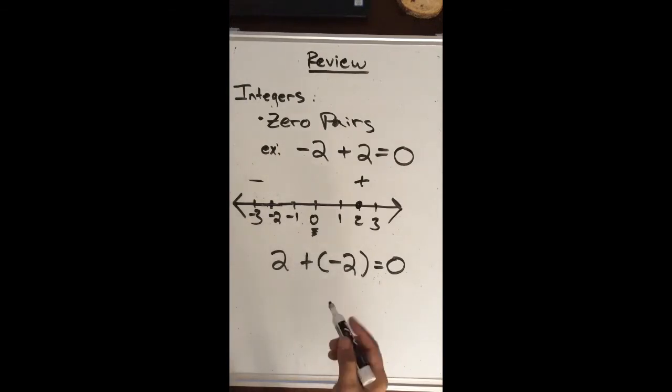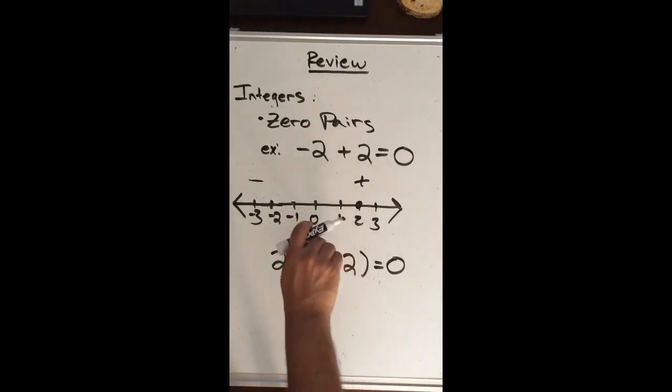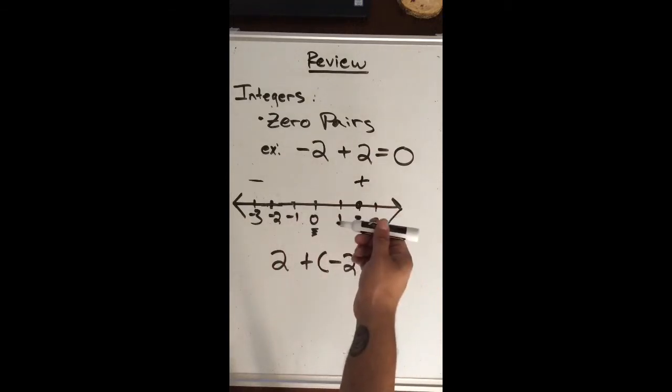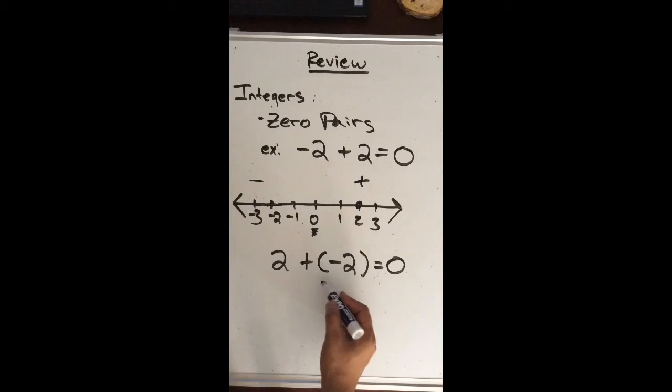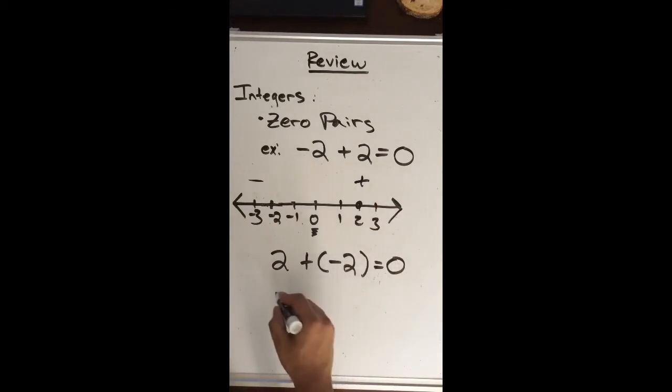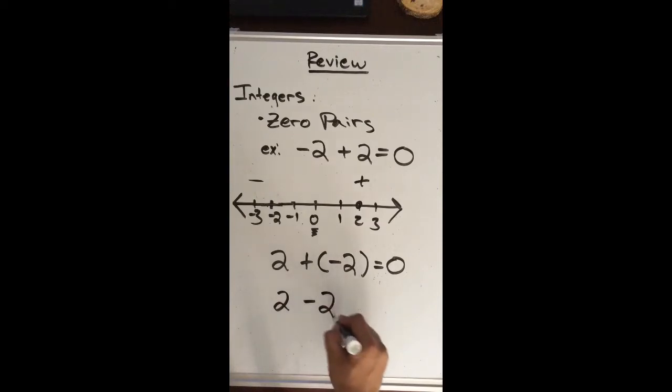Okay. Well, one thing to remember about negative is that it was the opposite. So if I were going to add 2 in this direction, well, I'd have to go the opposite direction. In fact, because we're subtracting it, really, you can rewrite this as 2 minus 2.